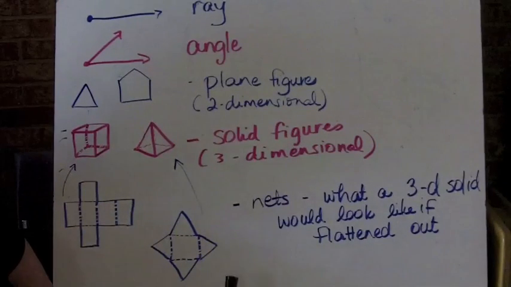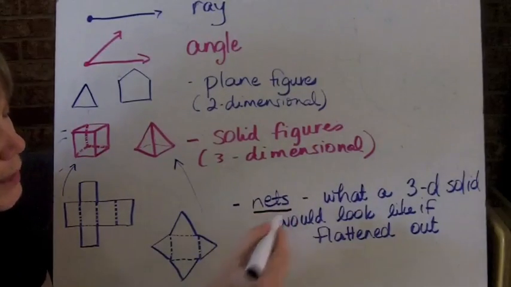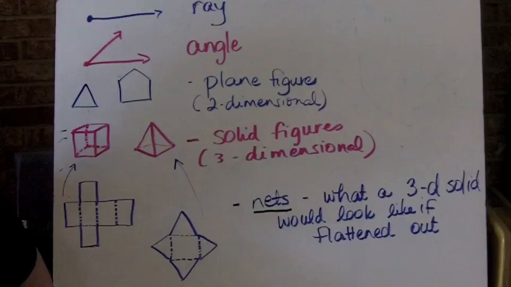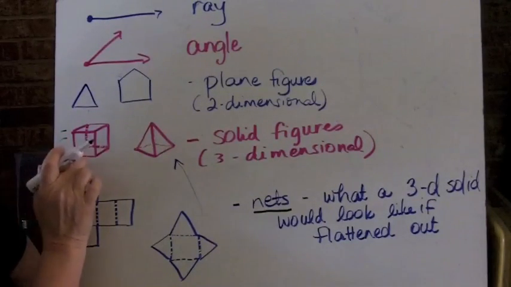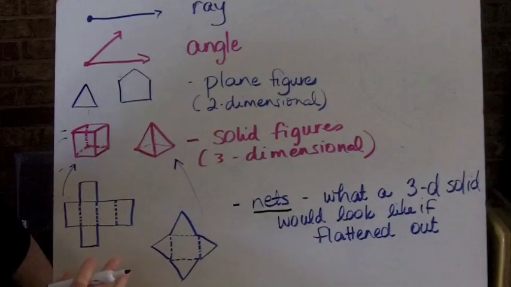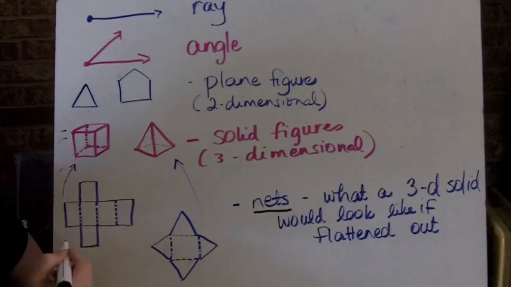And then the next thing I wanted you to see beside that was the word nets. And this may be a new word, or it may be a word that you are familiar with. Nets are what the three-dimensional solid would look like if it was flattened out. So if we took this solid figure and flattened it out, this is what it would look like.